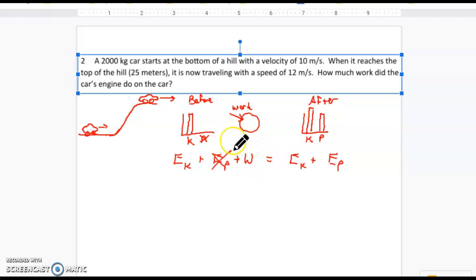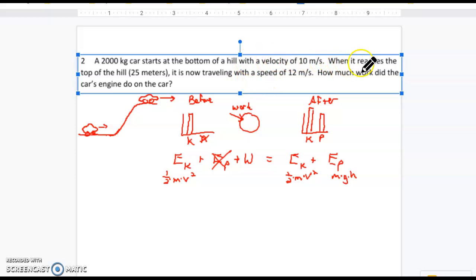So we can set up the rest of it. They don't give us the energies. We have to use the equations for them, like 1/2 mv squared, don't forget the squared, for kinetic energy, and mass times gravity times height for the potential energy. The work here usually is force times distance, but they don't give us any of that.